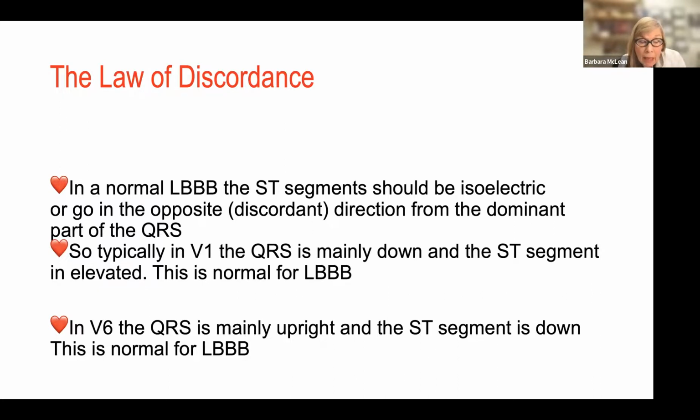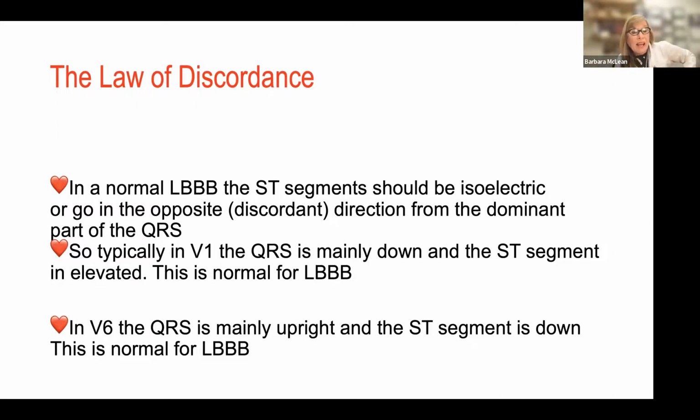With a STEMI, what you typically will see is an R wave with ST segment elevation and a highly peaked T. And as time goes by, that T wave may flatten and invert, but that doesn't happen while the patient's having their ST segment elevation. So you're always looking at concordance when you're seeing a STEMI. With a bundle branch block, you always expect discordance.